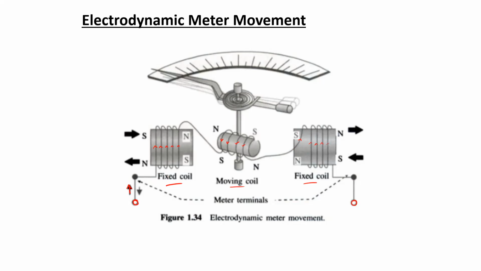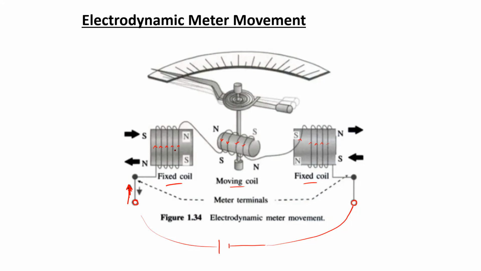So considering that a voltage source is connected with this polarity, this is the direction of current flow, and according to the direction of current flow in the fixed coil, you can use the right hand thumb rule to determine the polarity of the electromagnet.